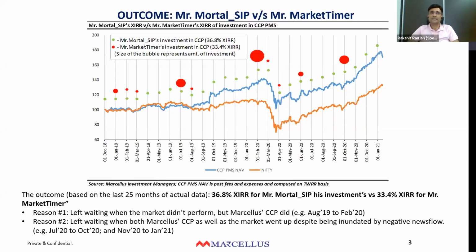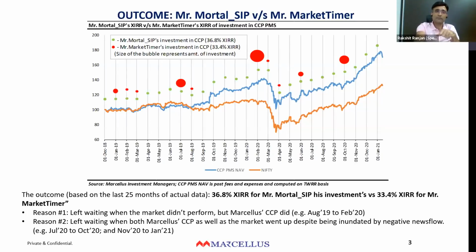What you can see is that the bubbles denote the timing of top up for Mr. Mortal and Mr. Market, right? So the lighter shade bubble is Mr. Mortal's investment via top up, which you can see happens with the same quantum. So size of the bubble is the quantum.